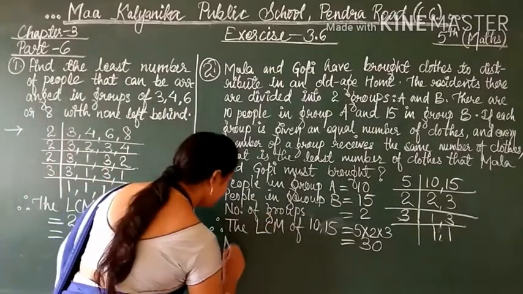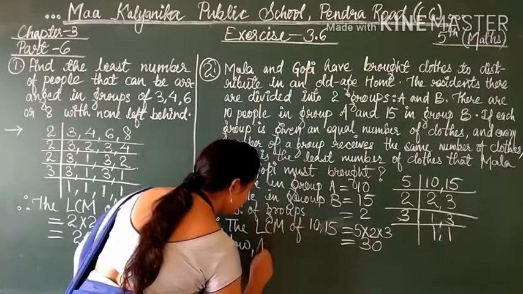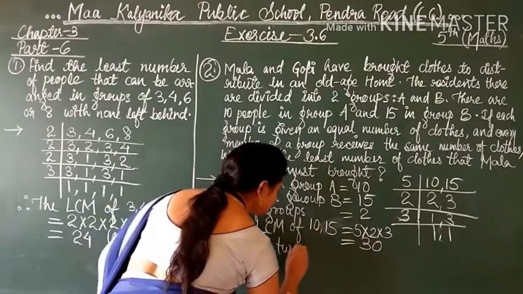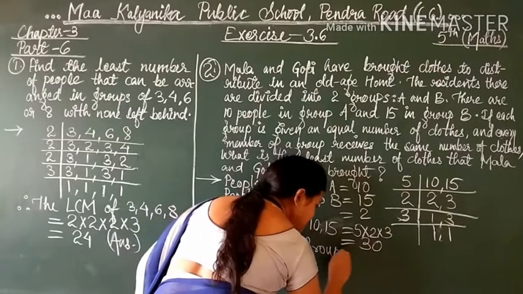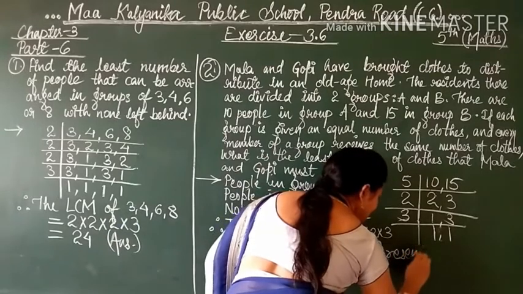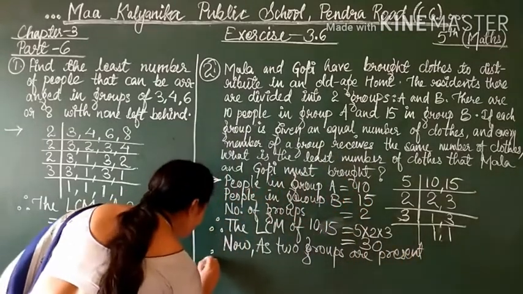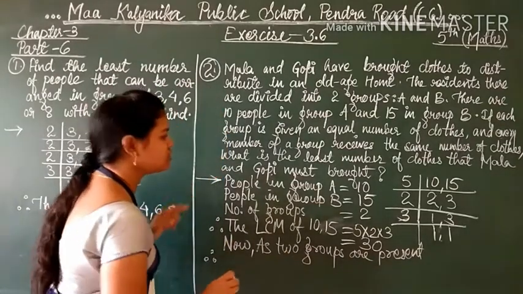So as 2 groups are present, therefore, what is the question?